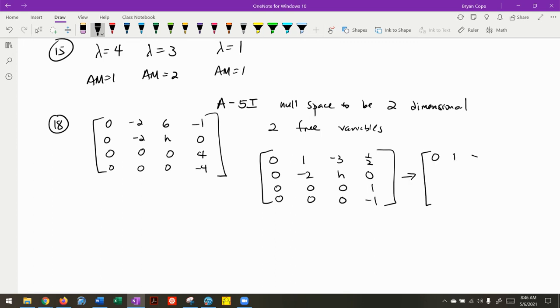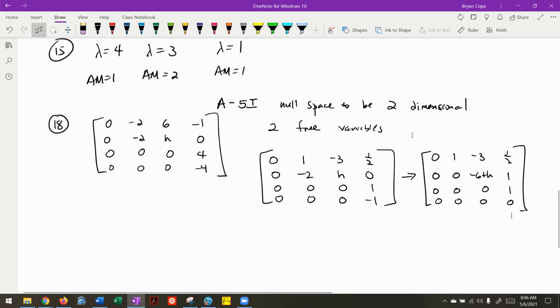The first row, leave it alone. Second row, I'm going to take 2 times the first row plus the second row, which zeroes that out. Negative 6 plus h, and 2 times the first row plus that gives that a 1. Leave this one alone, and that last row can be zeroed out by just adding those last 2 rows.